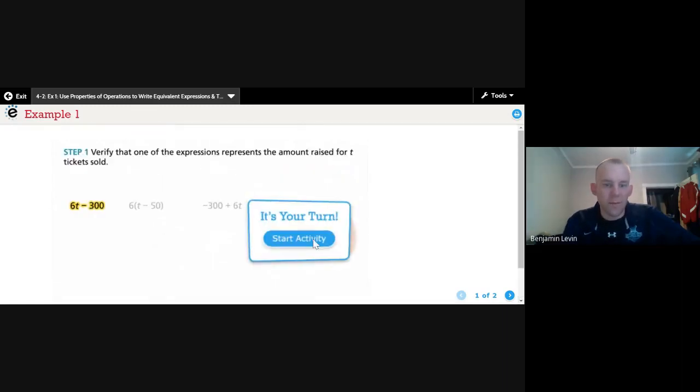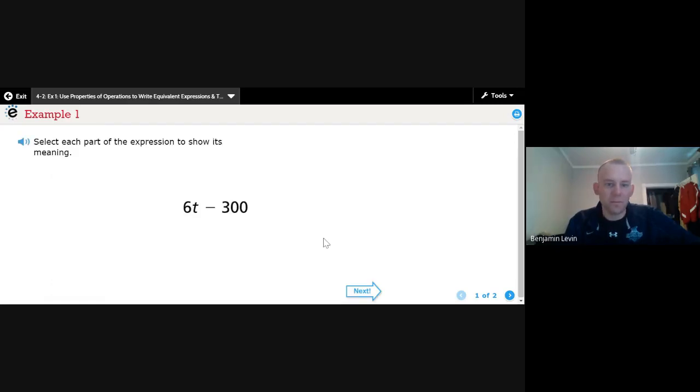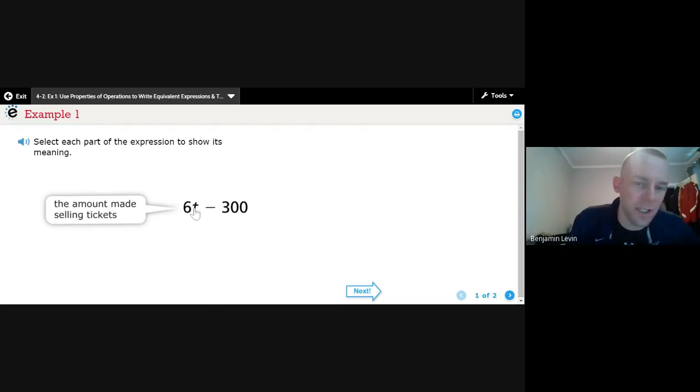We're looking at this first one. 6t, which is 6 times t. We know that two things that are next to each other that don't have a sign in the middle, that is multiplying. So 6 times t. T would be the number of tickets that they sell. If they sell 1 ticket, 6 times 1, they get $6.